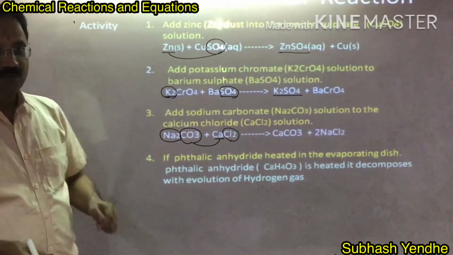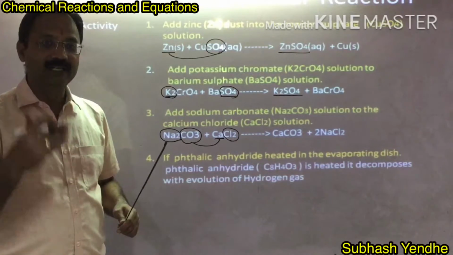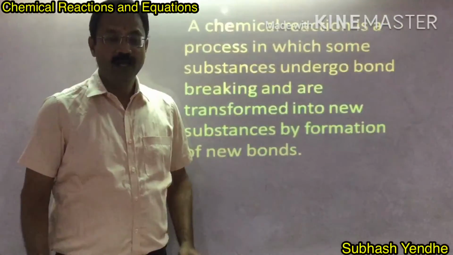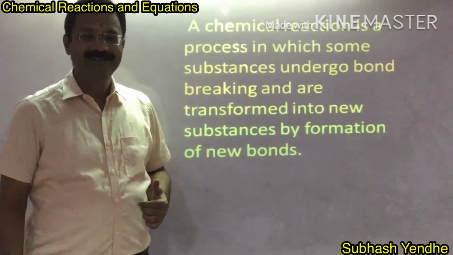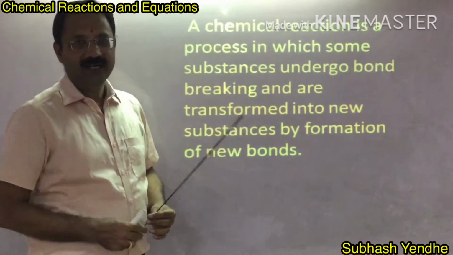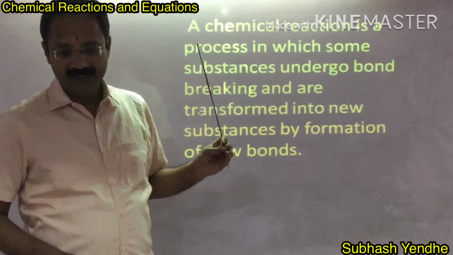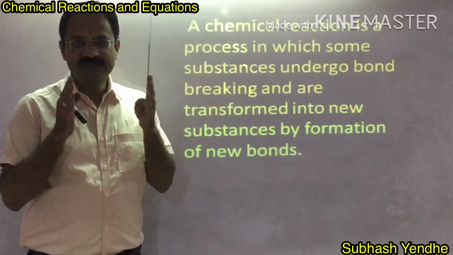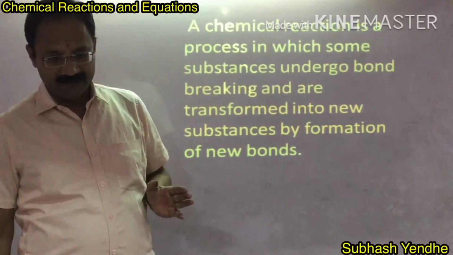It will decompose and hydrogen gas will be released. Now what do you learn from all these activities? Yes, here you learn that a chemical reaction is a process in which some substances undergo bond breaking.